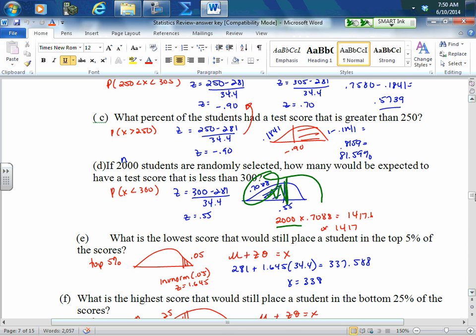And do you remember when we did this? What is the lowest score that would put you in the top 5%? It was the other form of this, so find the x value. Is that on your little formula sheet that I gave you with your notes?